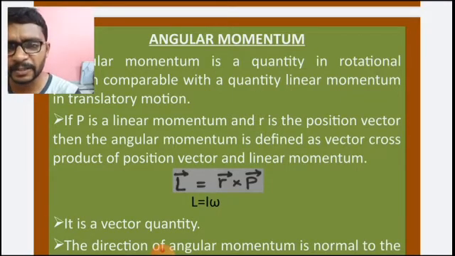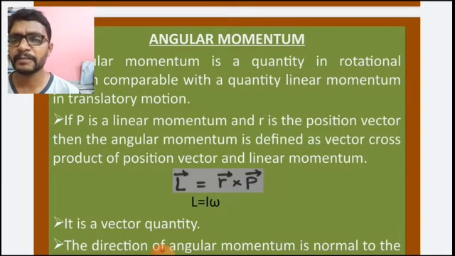With the help of this equation, we get L is equal to I omega. Later we will solve that equation, L equal to m r squared omega, otherwise L is equal to I omega, where I is nothing but the moment of inertia.